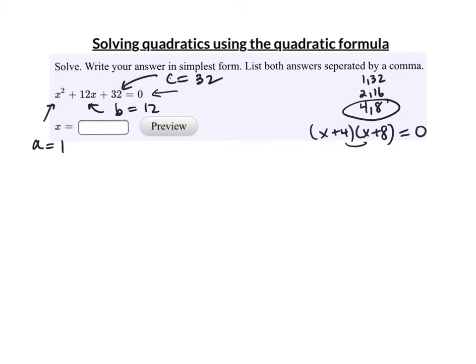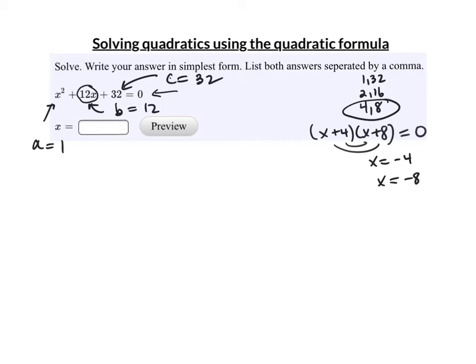Notice that 4x and 8x, when you FOIL, end up making a middle term of 12x. And the idea of solving by factoring is that 0 times anything is going to be 0. So the solutions come from what you plug in that makes 0. So our answers are x equals -4 and x equals -8.